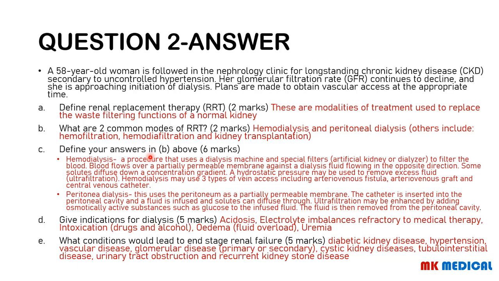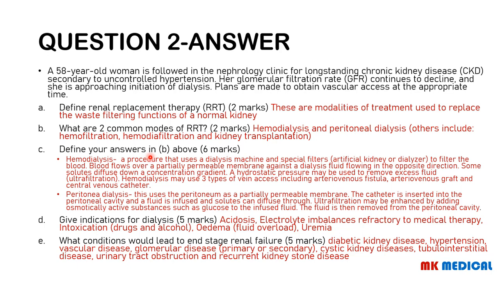Similar thing, you have this fluid moving in an opposite direction to create a constant gradient between the blood and the fluid, and you have blood also flowing in a constant direction. So some of the solutes can diffuse down a concentration gradient, and then we can also add some hydrostatic pressure to remove the excess fluid.